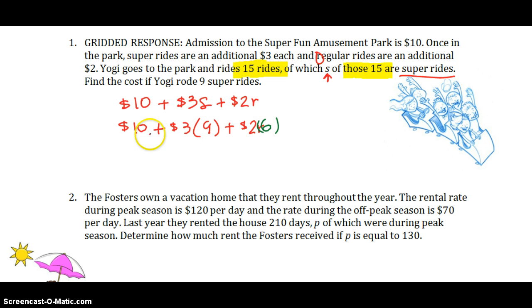And so we started off with a polynomial, but now we've been able to plug in our values for our variables, and now we're ready to add it up. So it's going to be 10 plus 27 plus 12. So Yogi's going to end up spending a total of $49 at the amusement park.